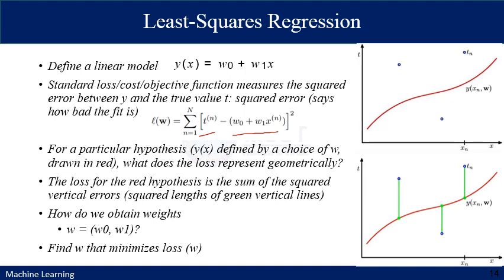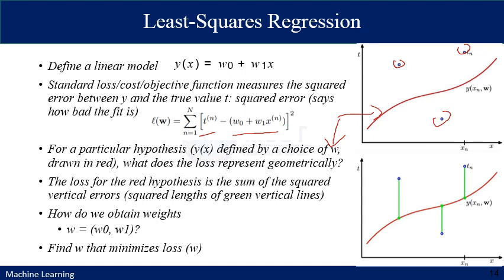So if you have chosen a particular hypothesis, for example y of x defined by the choice of any weights, drawn in red, in this case we have chosen this hypothesis. By choosing this hypothesis, we have obtained this model, and we have the actual examples depicted here.